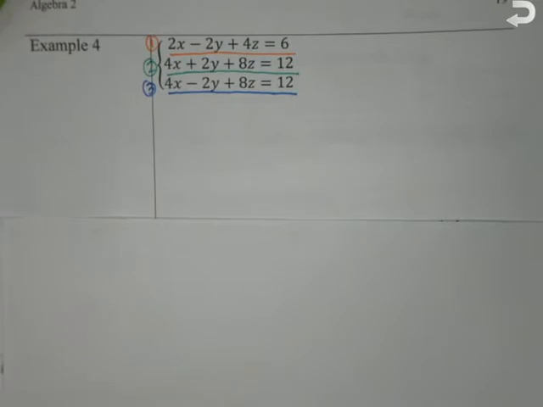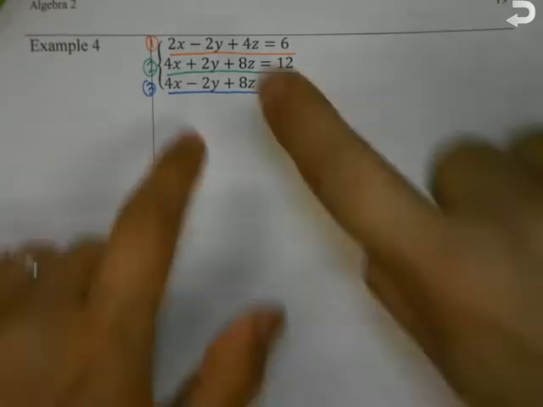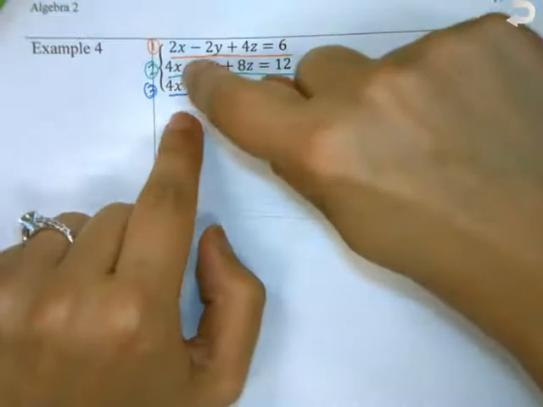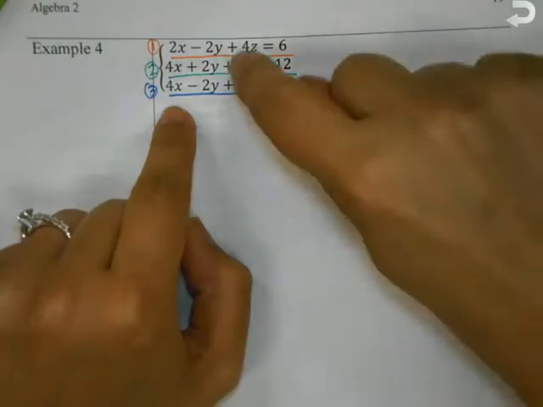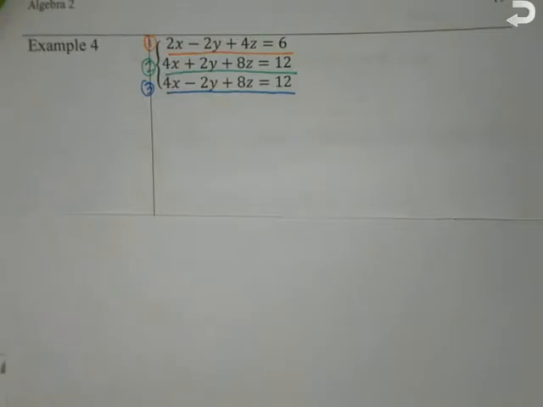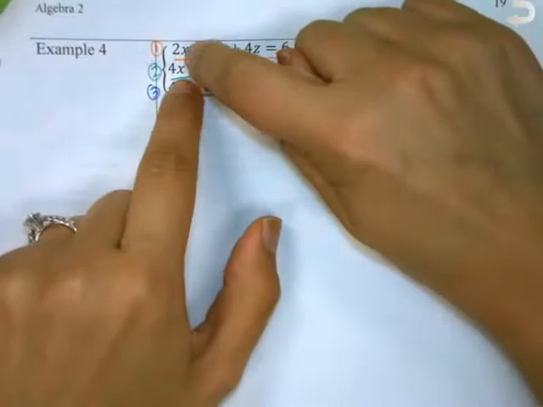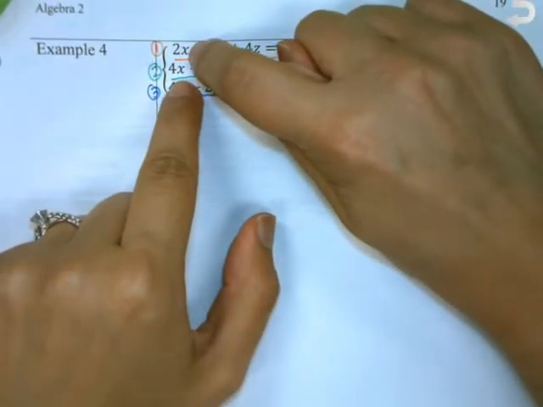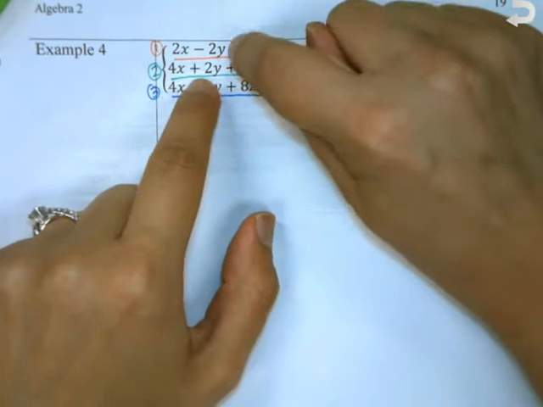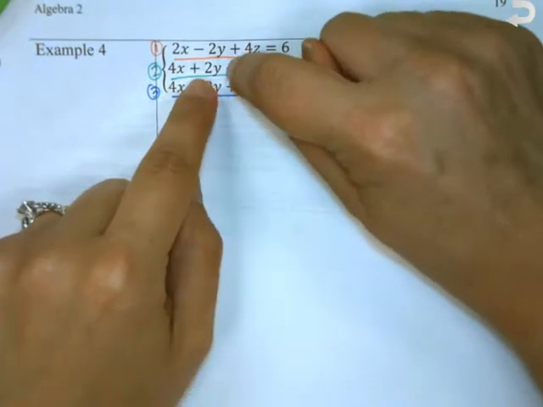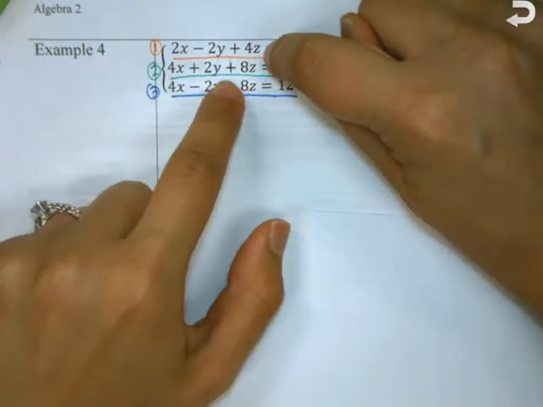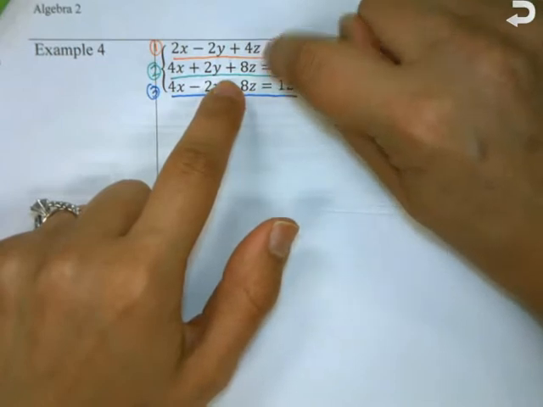Look at what I like to do to see what we can pair. Let's look at 1 and 2 together. We have 2x and 4x, negative 2y and positive 2y. That looks promising. And 4z and 8z. So you guys want to do 1 and 2 first? Okay, so let's pair 1 and 2 first. And so it should be obvious to us.